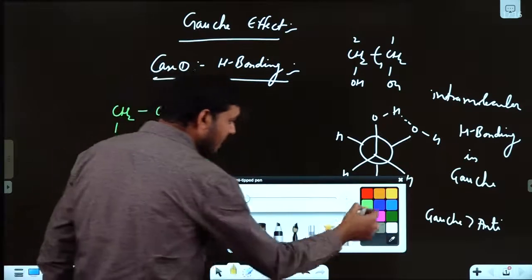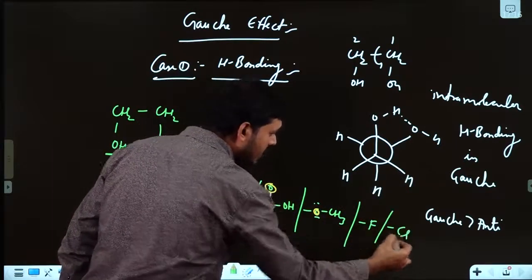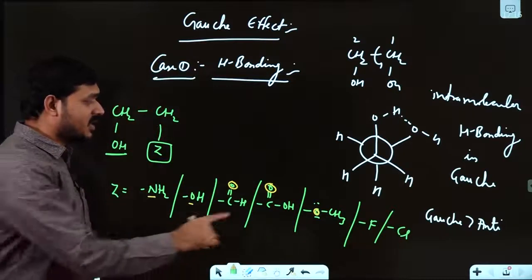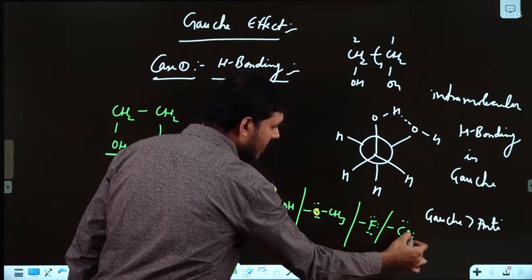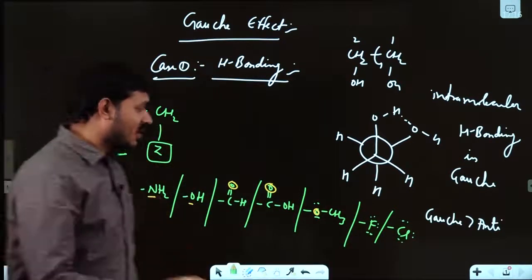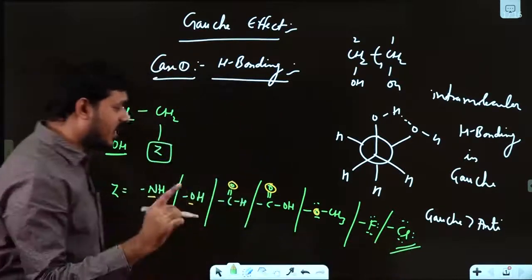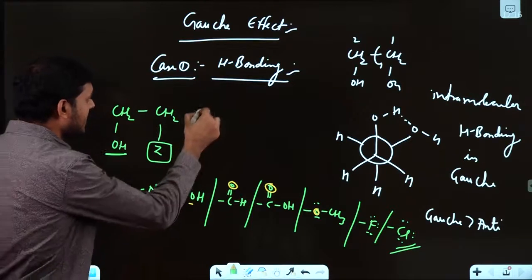Again, if you have fluorine or chlorine, I have discussed these two examples. In case of fluorine or chlorine, due to lone pair and hydrogen here, it goes intramolecular hydrogen bonding. Yes, chlorine is a special case here. Chlorine is having intramolecular hydrogen bonding. Okay, so remember this part.